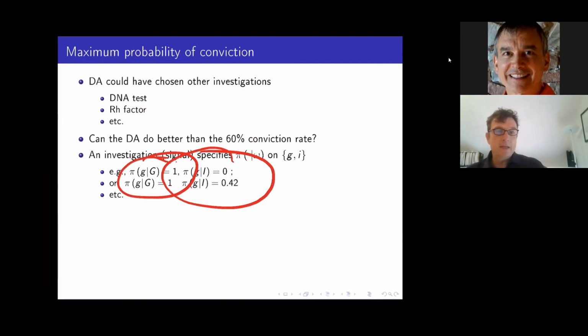When the defendant is guilty, we send the guilty signal with probability 1. The blood test that we just specified gave us the other test, which says if he's guilty, we're sending the guilty signal for sure, but we're sending the guilty signal also if the defendant is innocent. Well, we don't do it quite as often as we do it when he's guilty, but we do it sufficiently often so that we increase the conviction rate.